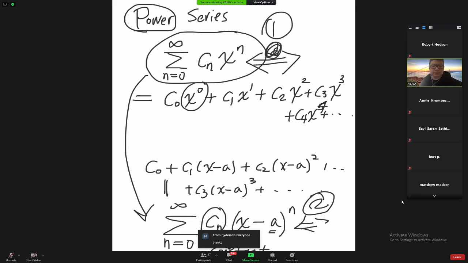This constant means it's not related to, just guess, not related to what? To x. Cn is not related to x, but Cn of course is related to n, right? Otherwise we wouldn't call it Cn. So that may change with respect to n, but it doesn't include x.